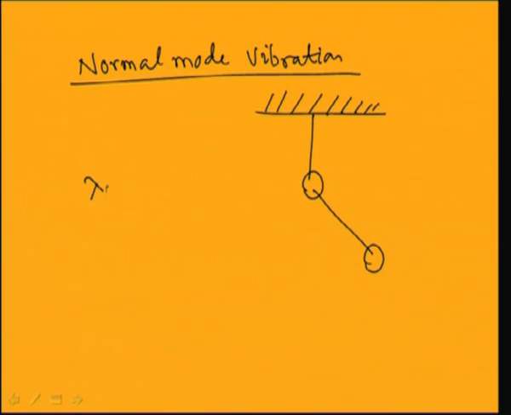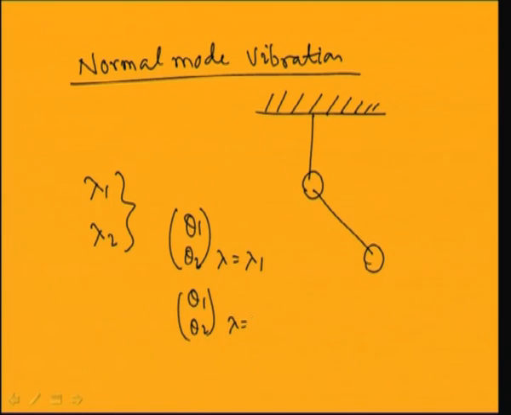We got lambda 1 and lambda 2, two frequencies, and taking those two frequencies we obtained the normal modes of the system, that is theta 1, theta 2 at lambda equal to lambda 1 and theta 1, theta 2 at lambda equal to lambda 2. These are the normal mode vibrations of the system. In the first normal mode the two masses are in phase, and in the second the two masses are out of phase.